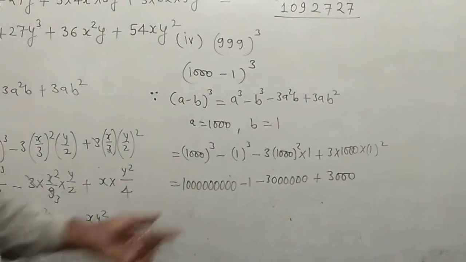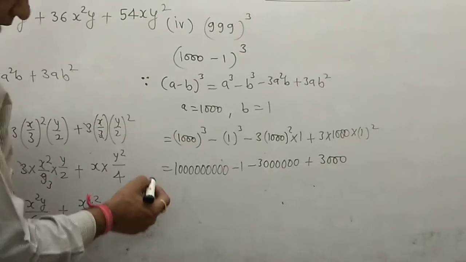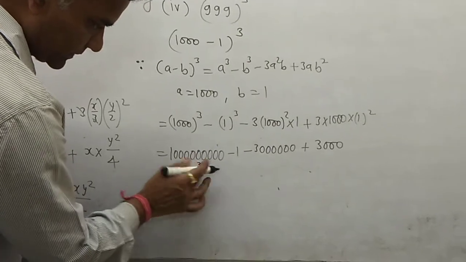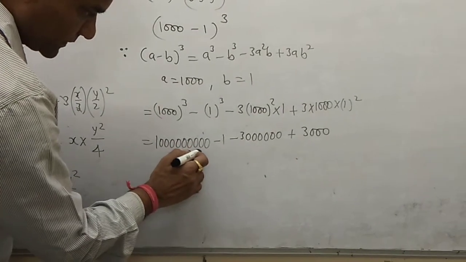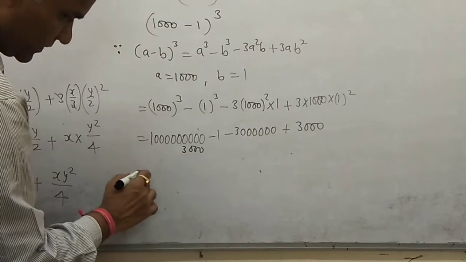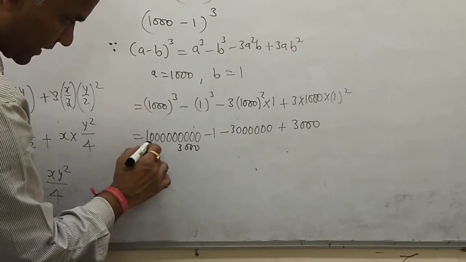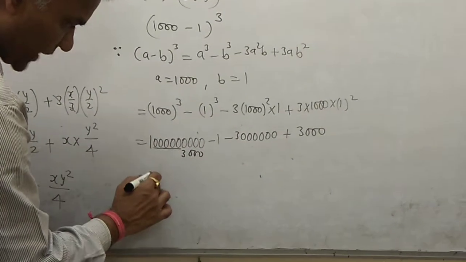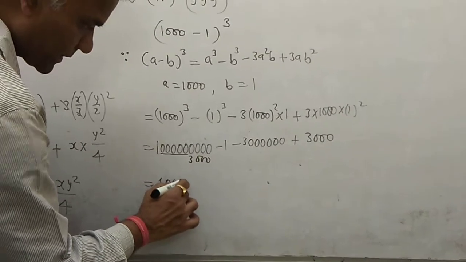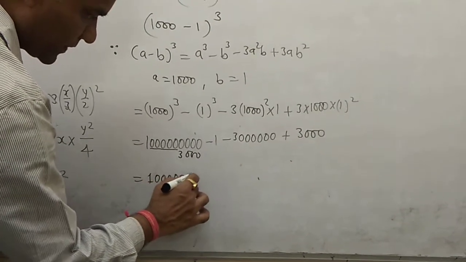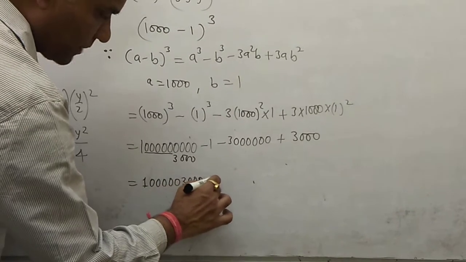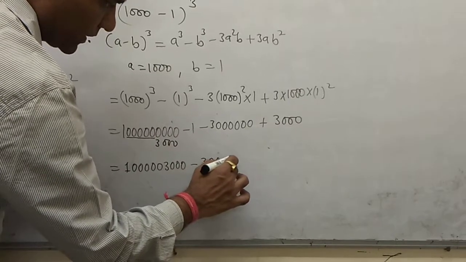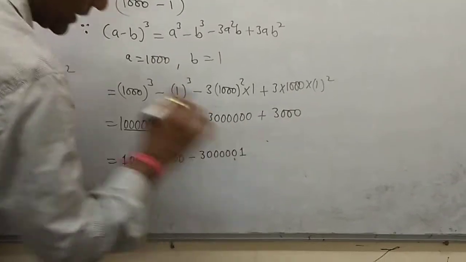Two terms are negative and two terms are positive. Here you add 3000. This minus 1 comes here, so you convert this term: how many zeros do we have here? 5 zeros you put as it is, and then 3 and then 1000, then minus 6 zeros here, so 1 2 3 4 5 and then 1.